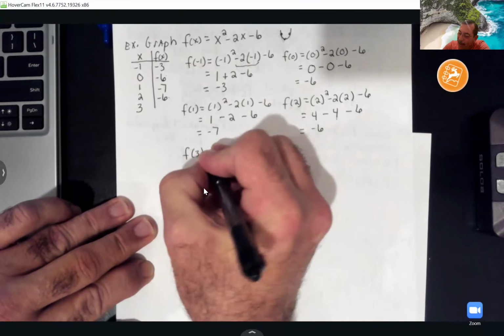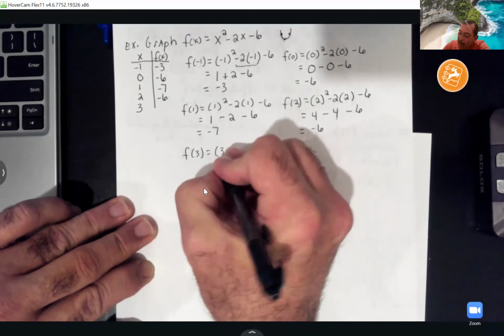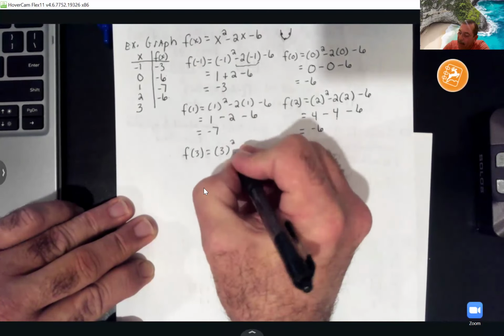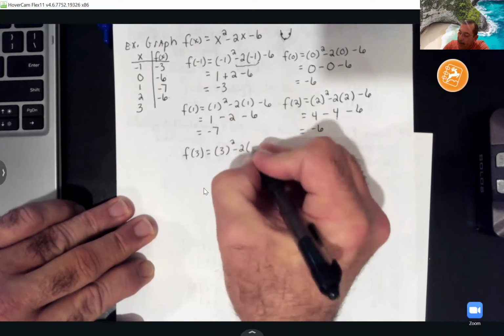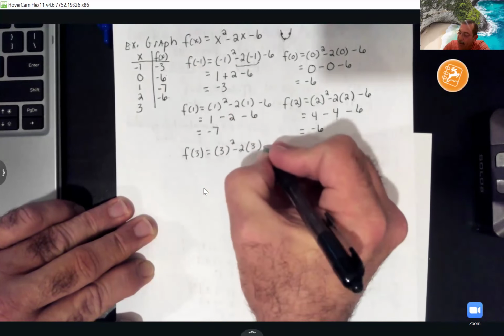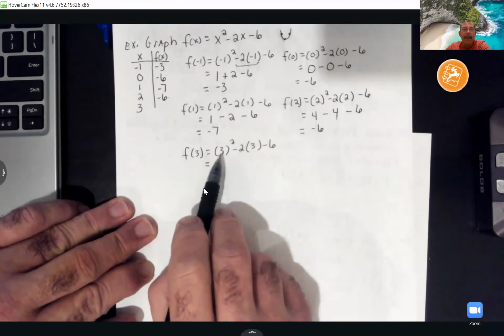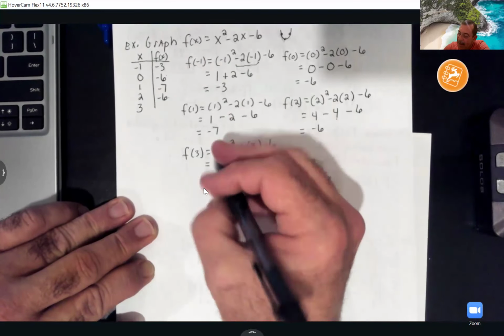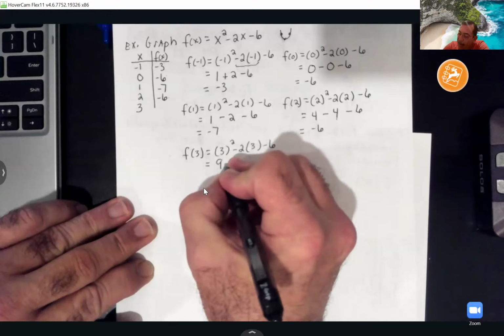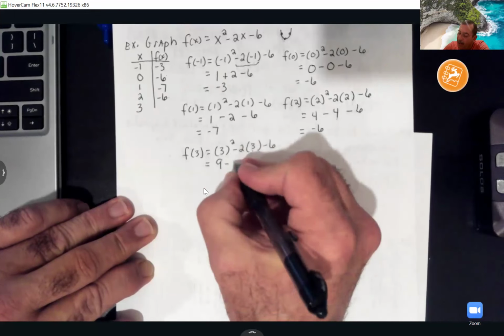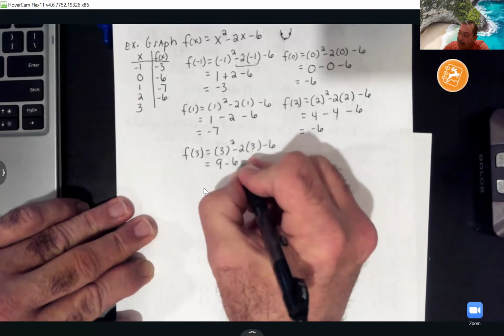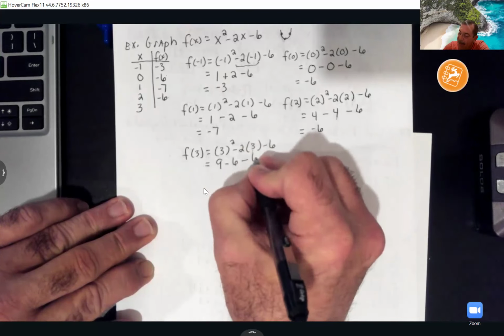F of 3 will equal 3 squared minus 2 times 3 minus 6. All right, y'all, let's see. 3 times 3 is 9. Minus 2 times 3, which is 6. And then minus 6.